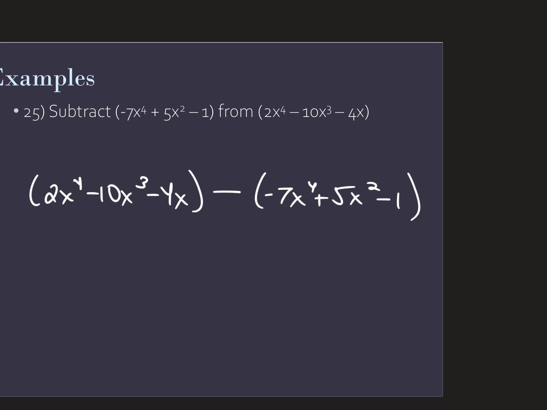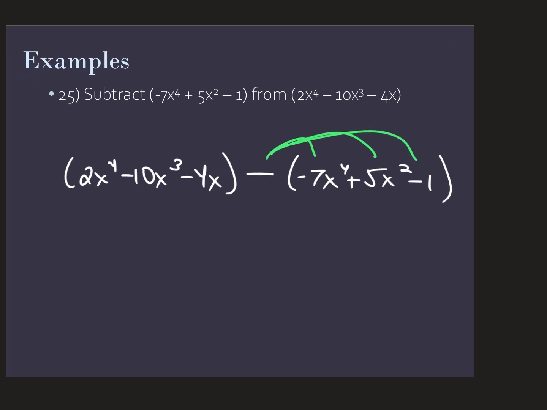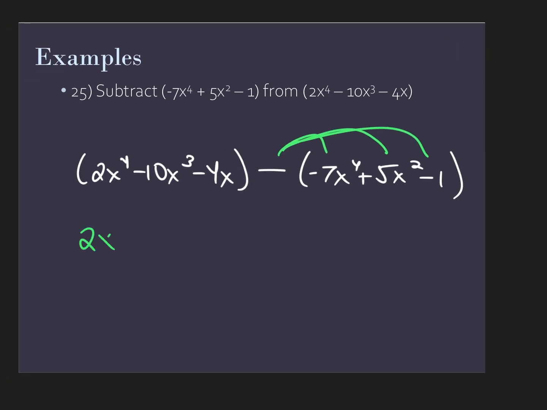Because there's a negative, we're subtracting, so I need to distribute. I need to remind myself, hey, all of these signs need to change before I combine. So I'm going to rewrite 2x to the fourth minus 10x cubed minus 4x. Then what? Plus 7x to the fourth minus 5x squared plus 1.